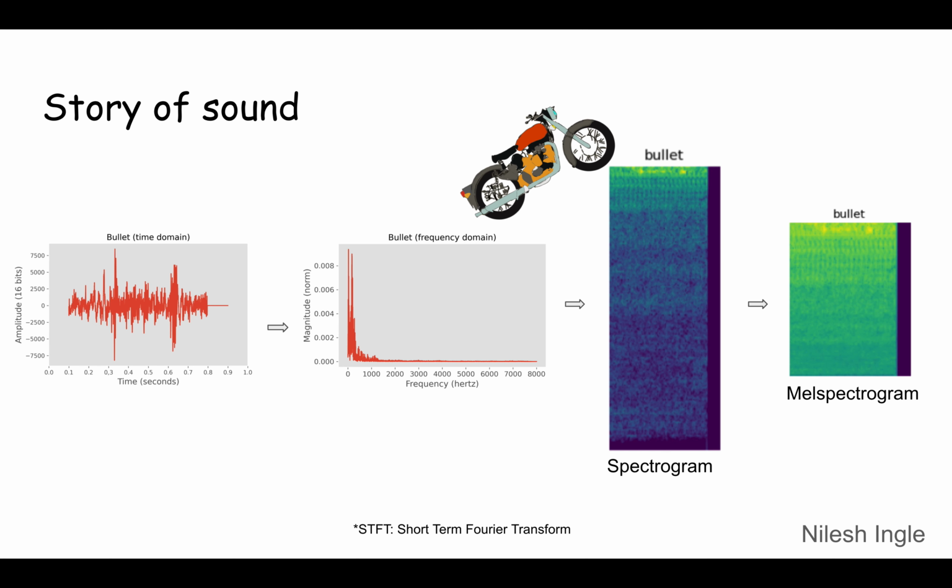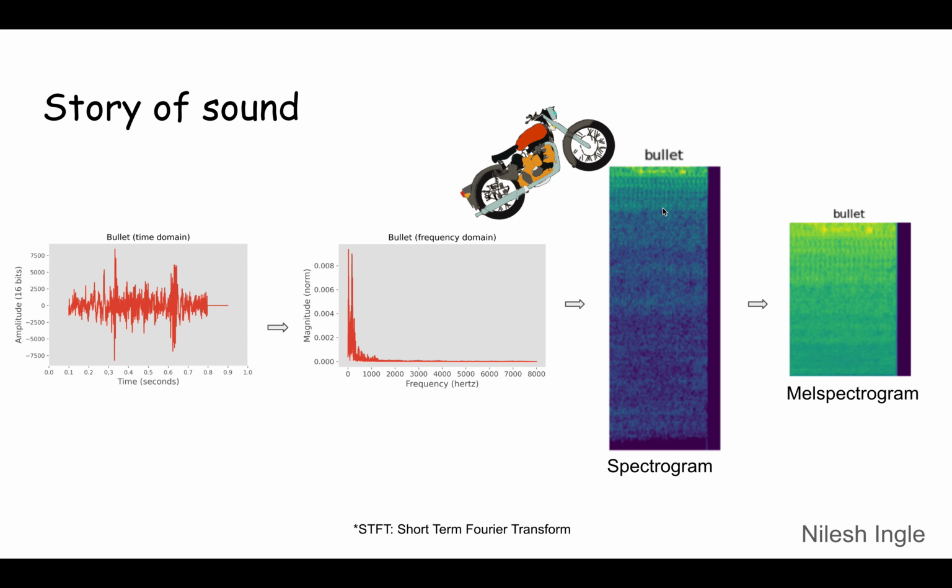So if you remember previous videos in this series, we looked at how we can use images to train a deep learning model. In the case of sound, what we are doing is converting the audio into an image, and here the image is a spectrogram.